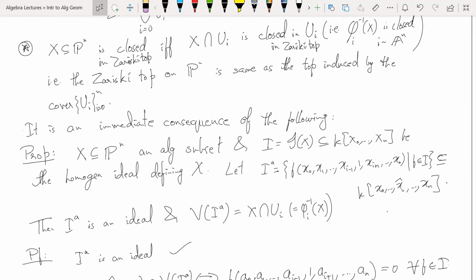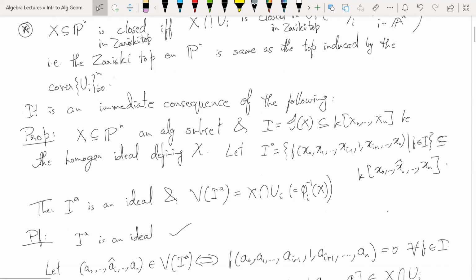So the proposition says that if X is an algebraic subset of Pn, and I is the ideal of X, or you can take I to be any ideal which defines X. You need not take the ideal of definition of X, though I've written that, but it doesn't matter.